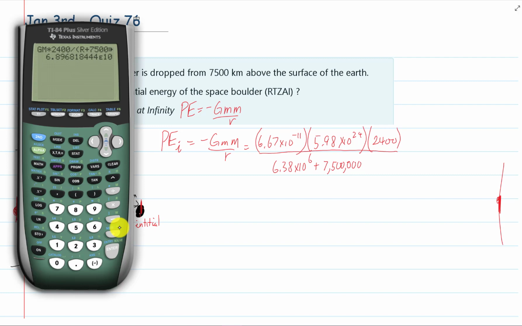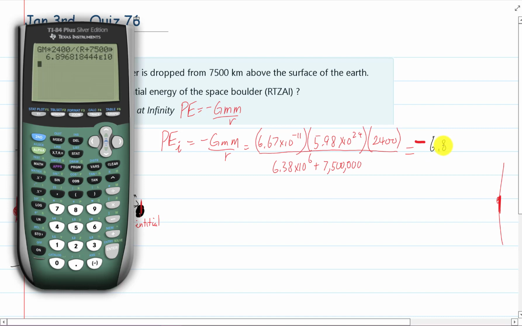And I get a value here, and it's negative because the formula says it's negative. And it's 6.897 times 10 to the 10th joules. Okay, it's negative because it's zero at infinity, and as it falls, it loses potential energy. And how much does it lose? About 69 billion joules.